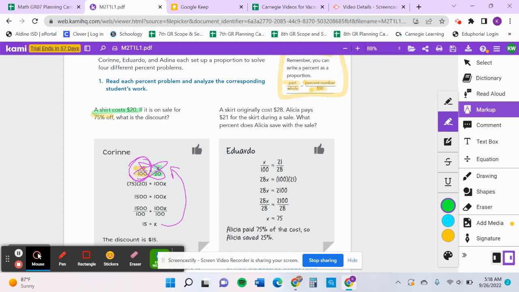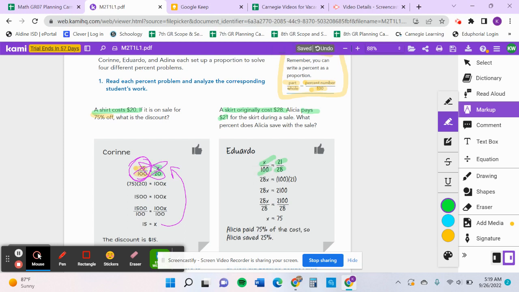The original cost of the skirt cost $28, which he set up here. That represents our whole number. Alicia pays $21. That represents what she paid. So that represents the part of that $28 that she paid. And then on the other side, of course, all percentages are out of 100.